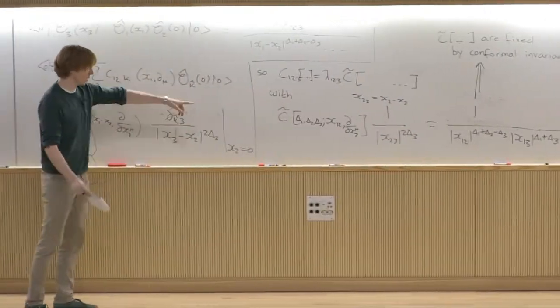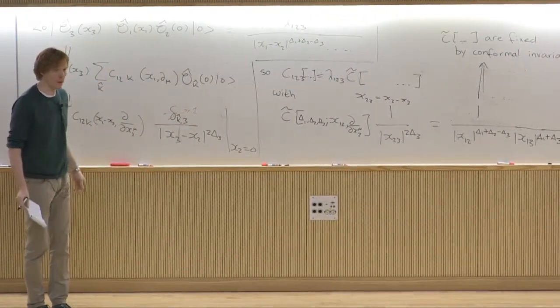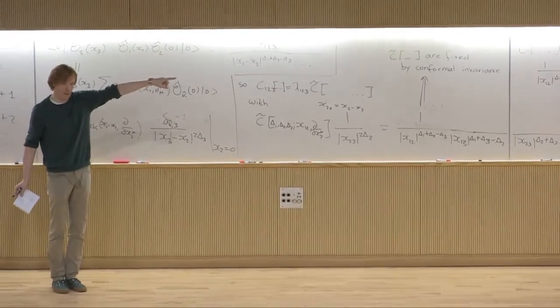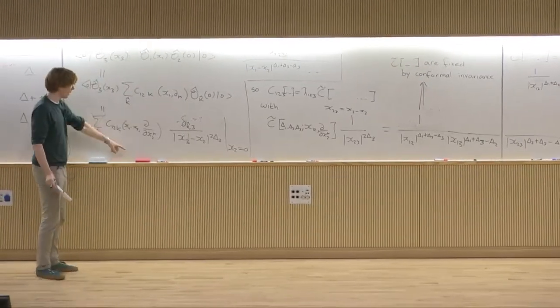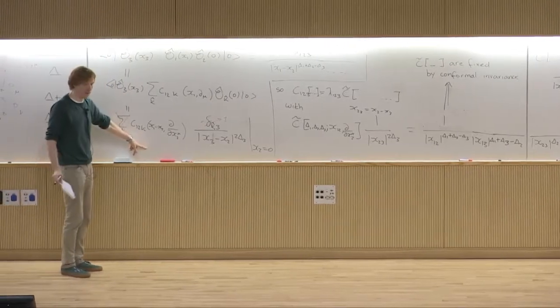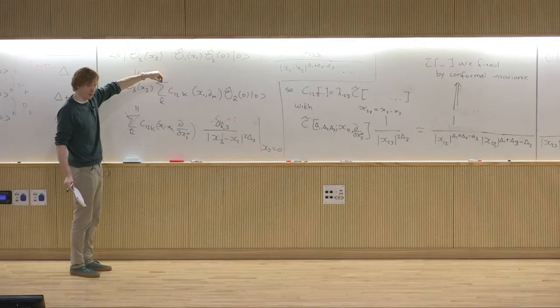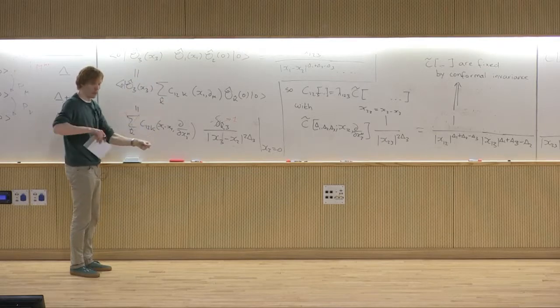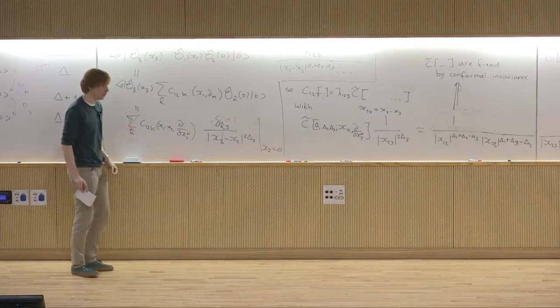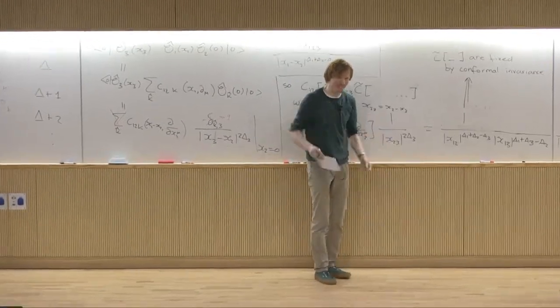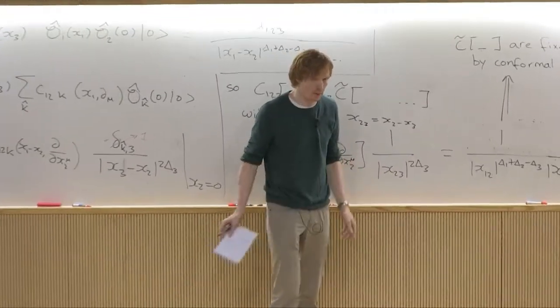It's an equation that should hold for all x3, because the C tildes are defined over there, and there was no x3 over there. I've derived some constraint for the C tildes using an operator insertion at x3. But the constraint should be true no matter where I put the third operator. So that's why I get an infinity of constraints, if you want. For every value of x3, I get something that looks a little different.